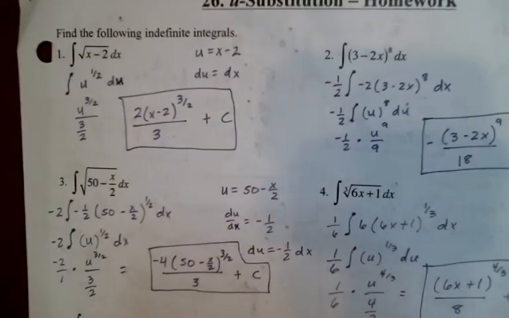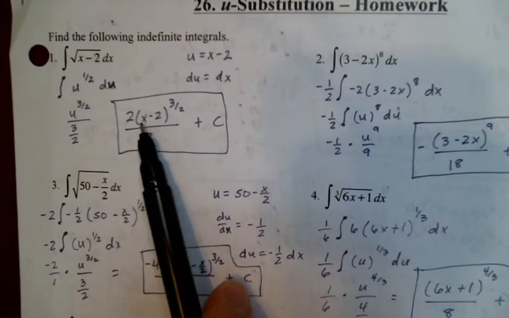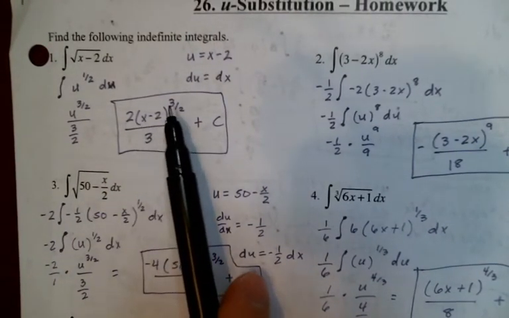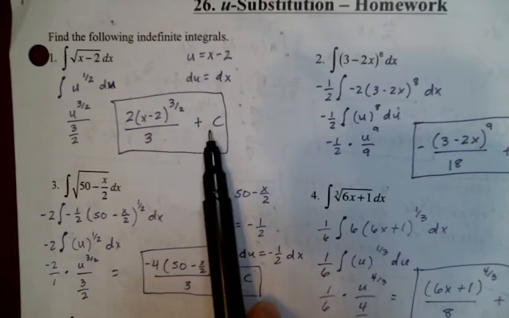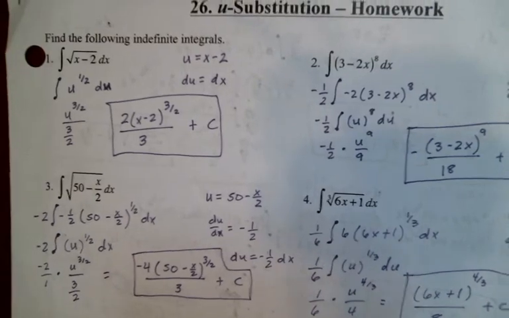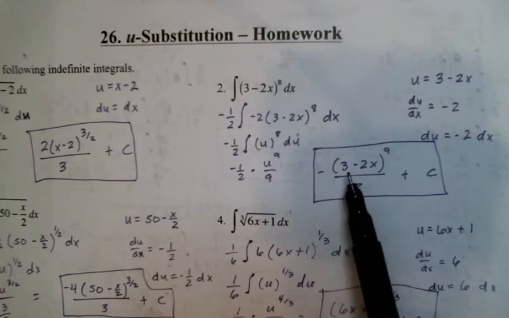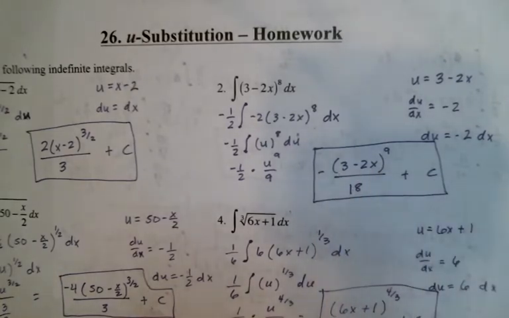Okay, so number 1 would be 2 times the quantity of x minus 2 raised to the 3/2 over 3 plus c. If you have a question, just type it in the chat box, and I'll keep an eye on that just to make sure we're good there. Number 2 is negative quantity of 3 minus 2x raised to the 9th over 18 plus c.